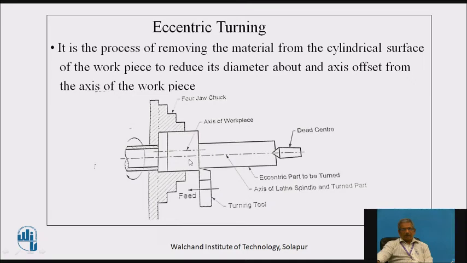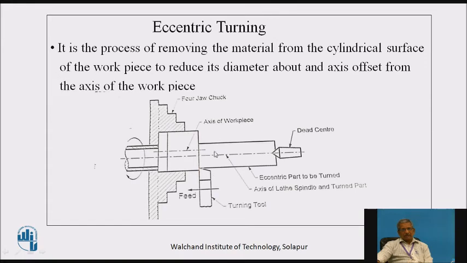Now later on I want this axis to be set parallel to the priorly turned shaft, but at a certain distance. That calculation is needed. Accordingly we will shift the job, or make it off center, by the given distance, and then again we will carry out the turning operation.